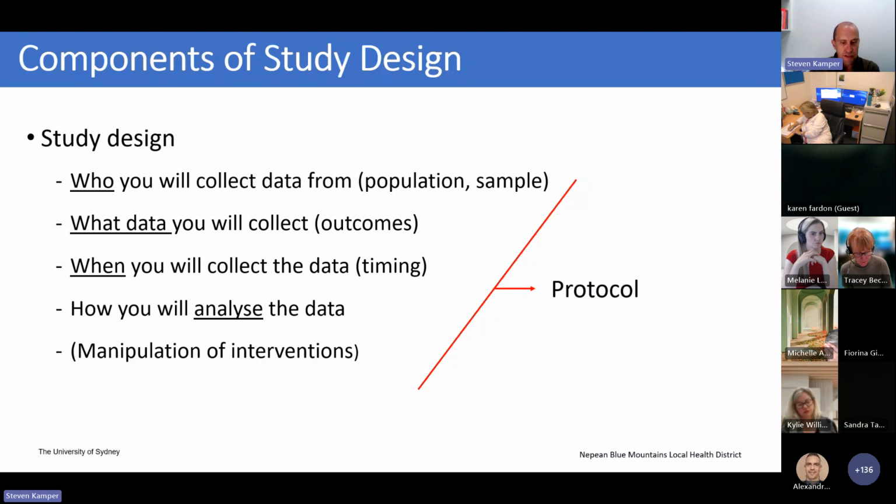The point here is that all of these features of the study need to flow directly from your question. So it should be obvious from your question the answer to all of these issues. You do yourself a favour in terms of designing your study if you have a clear question.